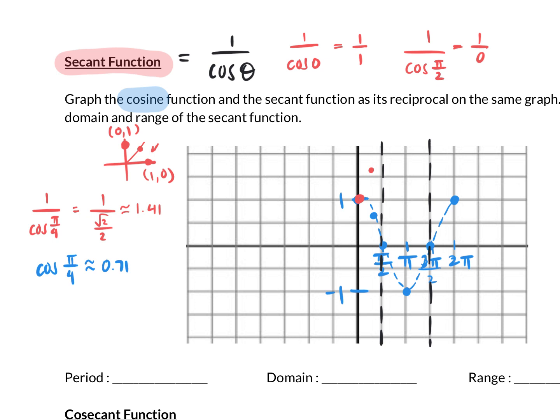Now if we tested a bunch of different points, you're going to see you're creating these parabolas at the maximum and the minimum points. Here, you have a parabola that approaches the vertical asymptote, but doesn't actually touch it. And then down at -1, that's our minimum point of our cosine function, we're going to make another parabola down below.